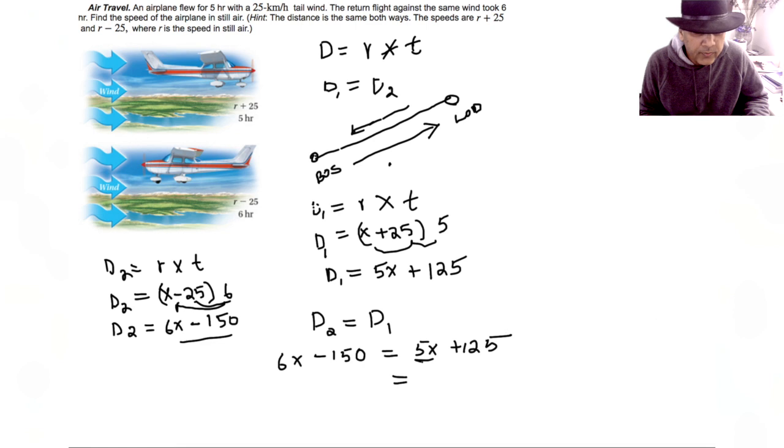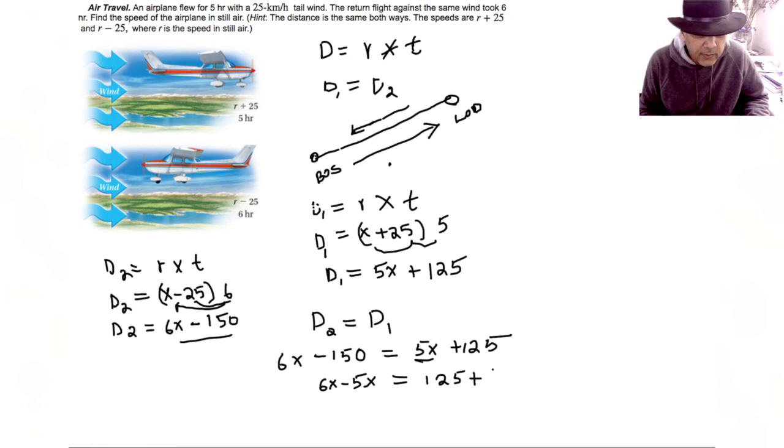So let's move 5x to the other side. This side is positive 5x, the other side is going to be negative. So we have 6x on this side minus 5x, and 125 here on this side, and I'm gonna move 150 to the other side.